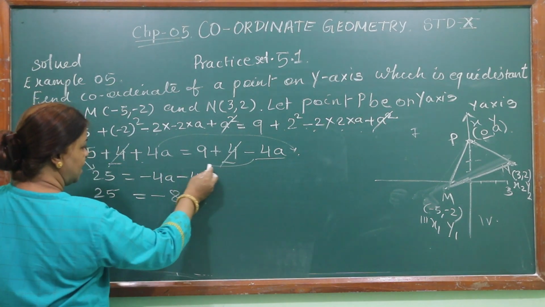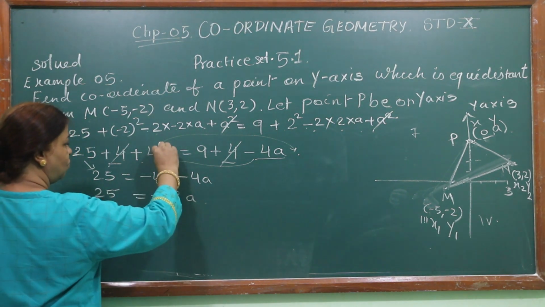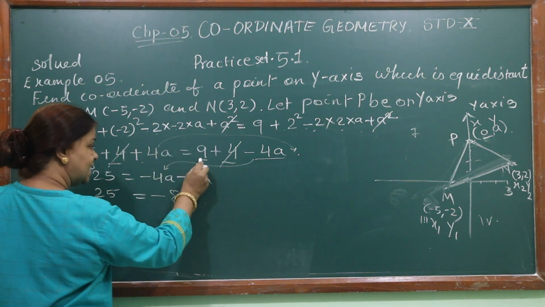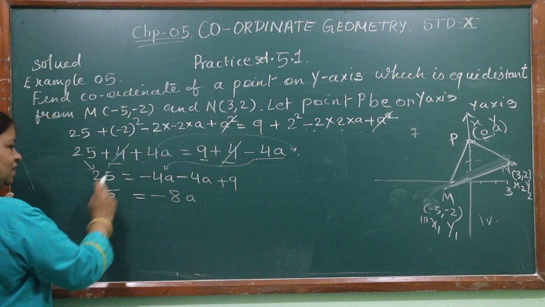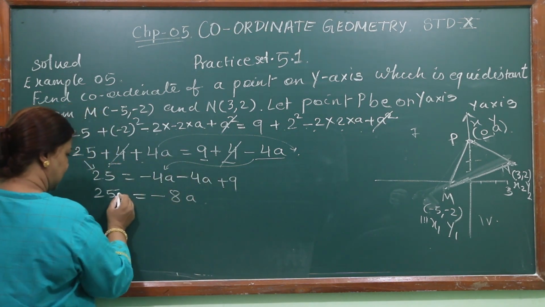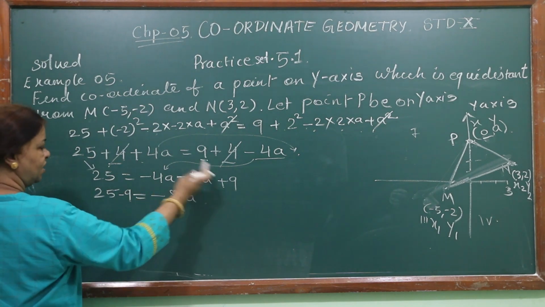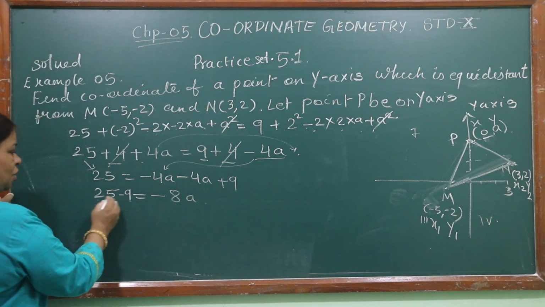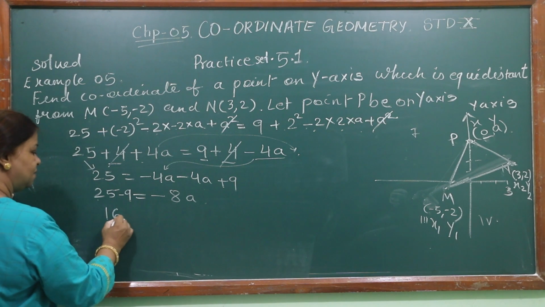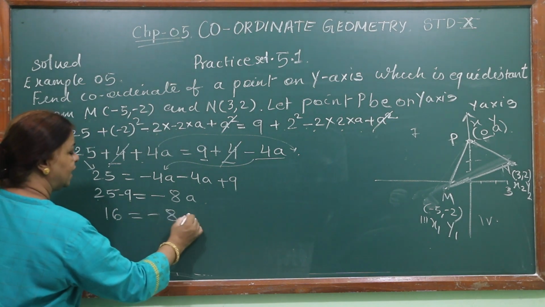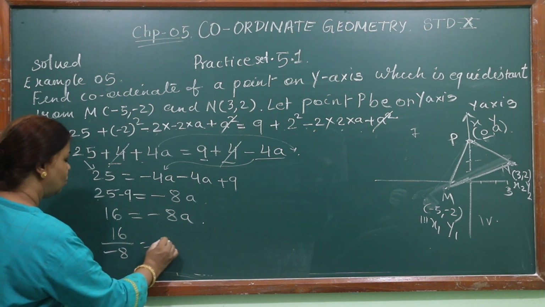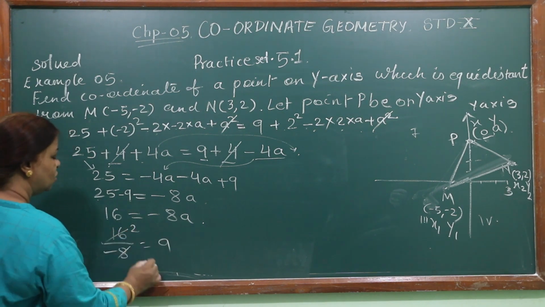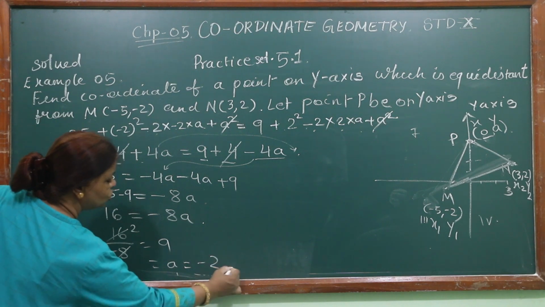Now this 9 will go here, so I write minus 9. I shifted this 9 here because all numbers are on this side. 25 minus 9 is 16, equal to minus 8a, and 16 upon minus 8 equals a. 8 2s are 16, so the value of a is equal to minus 2.